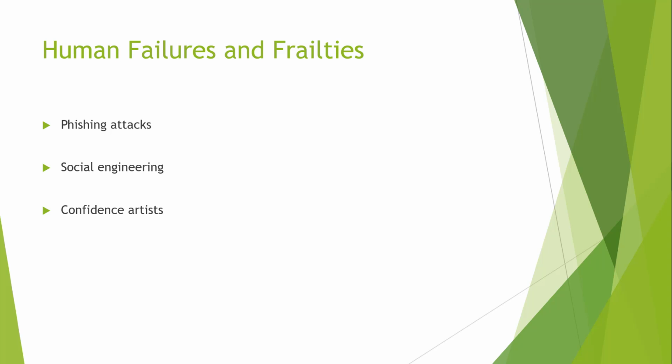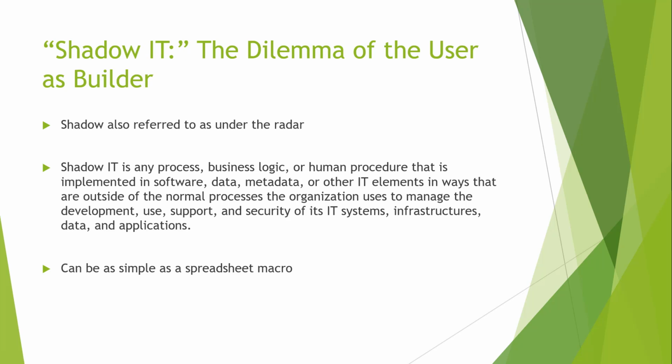So what happens when the user is the developer? We end up with something called shadow IT. Shadow normally refers to things underneath the radar. Shadow IT, however, is any process, business logic, procedure, software, data, or any type of element used outside of the normal process that the organization uses to manage the development, use, support, and security of its infrastructure, data, and applications.